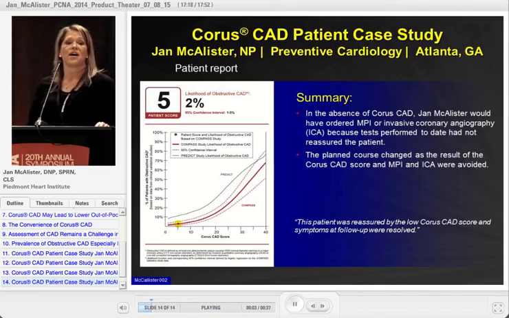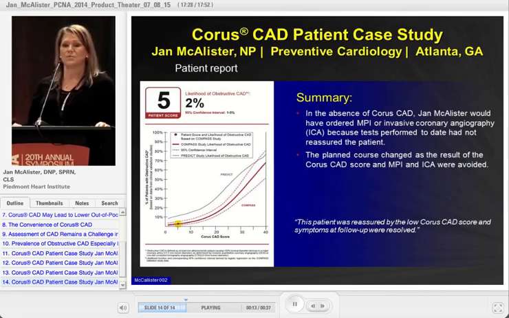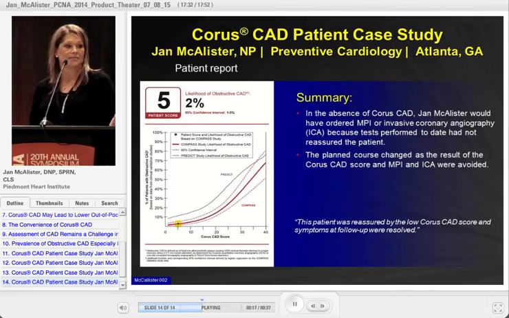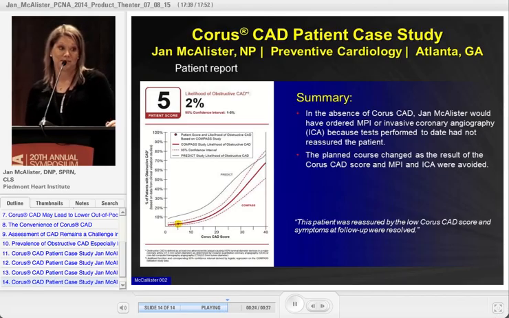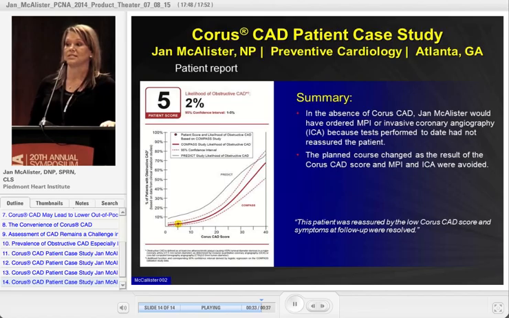Her score was 5. The likelihood of obstructive disease was 2%. So that was able to save me from this huge workup of trying to find a needle in the haystack. Now I see her shortness of breath is resolved because she's changed jobs. But of course, you never want to make any assumptions. You need a valid test to give you some reassurance that you're treating a patient appropriately.